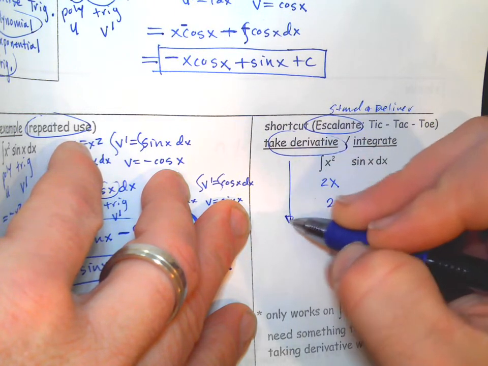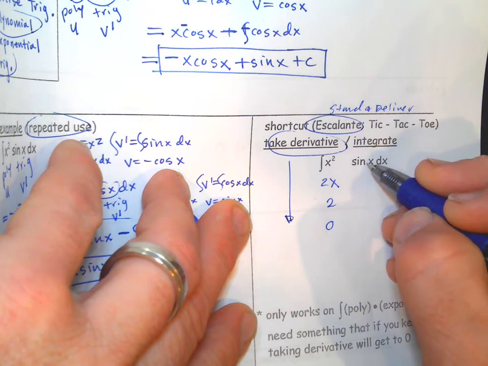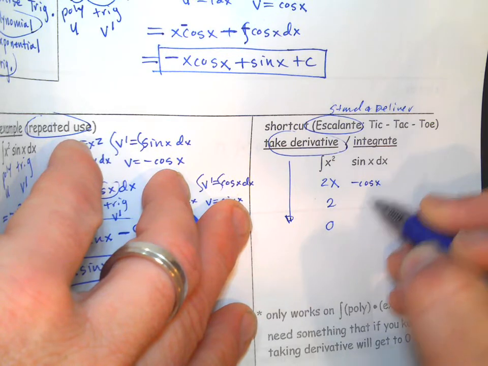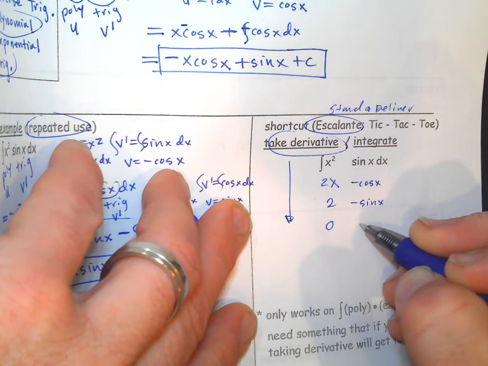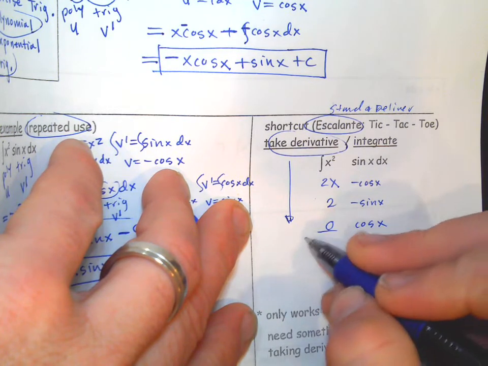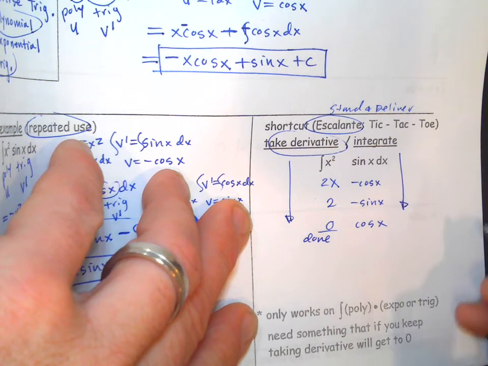All right? And the other one you want to integrate repeatedly. Antiderivative of sine is negative cosine. Antiderivative of negative cosine is negative sine. Antiderivative of negative sine is cosine. Until you get to the line with the 0 on it here, then you're good. So once you get to 0, you're done. This one you need to keep going, integrate these.